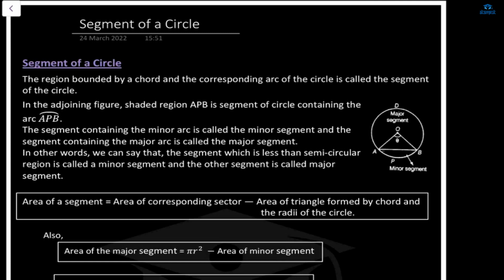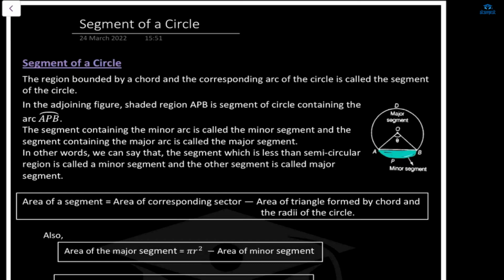Now, what is the segment? This shaded portion is the segment. If you need to find the area of the segment, you can find the area of the sector minus the area of the triangle AOB. Then you will get the area of the segment, that is APB.